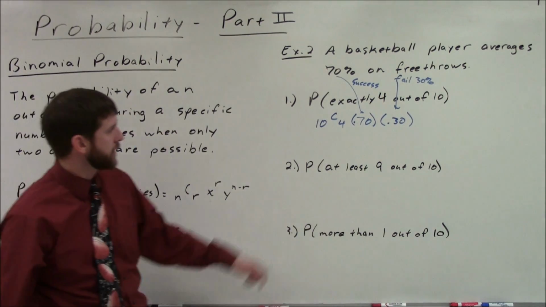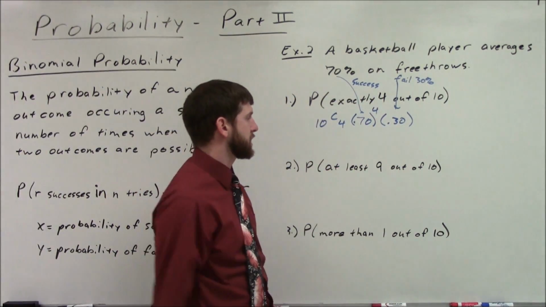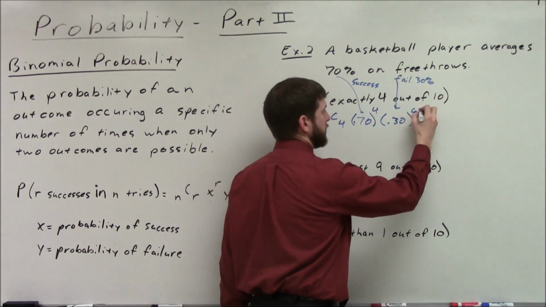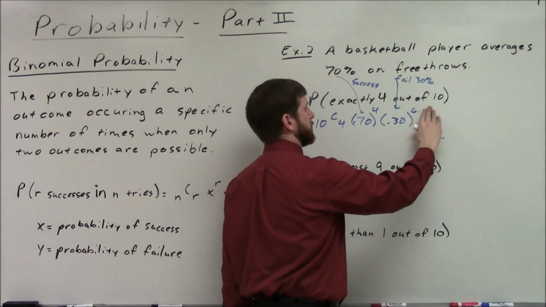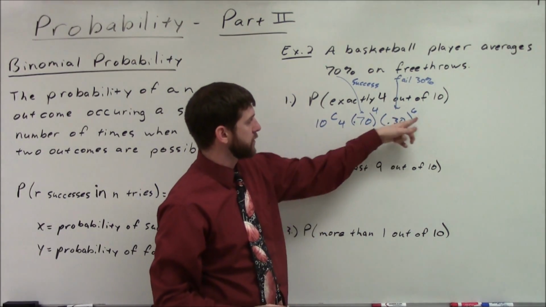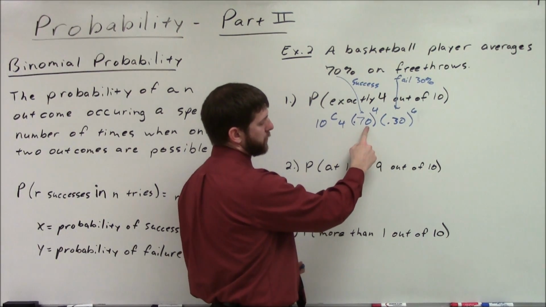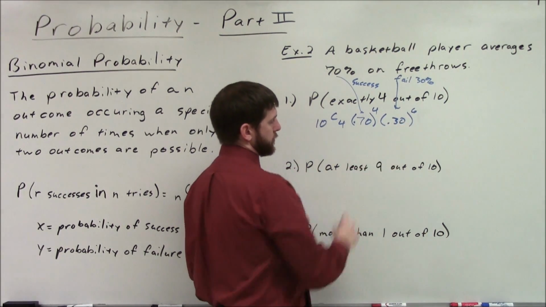And then we put our numbers on there. I want to succeed 4 out of the 10 times, so the rest of the time would be failures. So 4 out of the 10 times were successful, so the other 6 were failures. So number of successes with probability of success, number of failures with probability of failure.